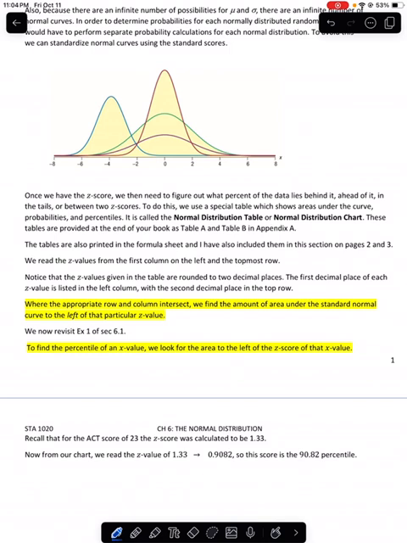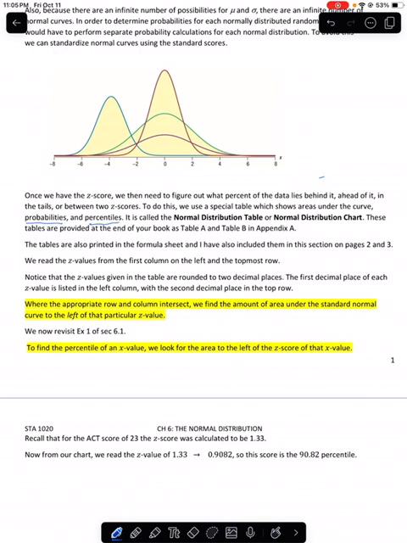And to do that, we use a special table which shows areas under the curve, probabilities, and percentiles. So the area that we look for could be the area under the curve, the probability of the random variable falling in that region, or it could give us the percentiles for different scores or values.